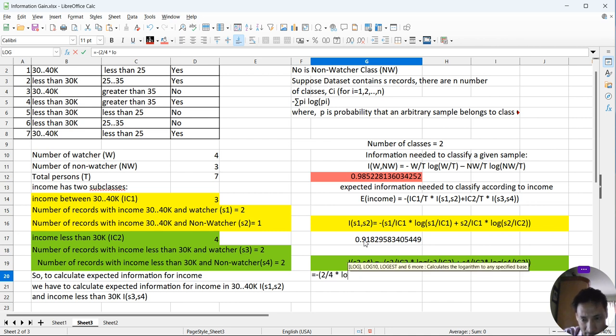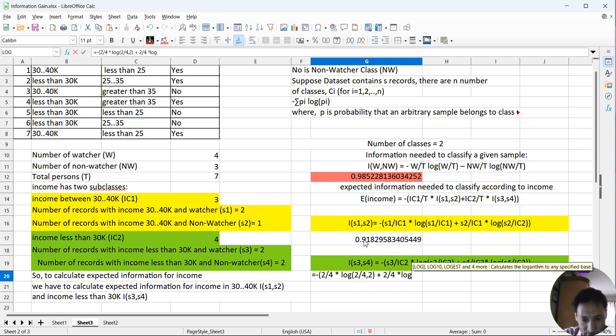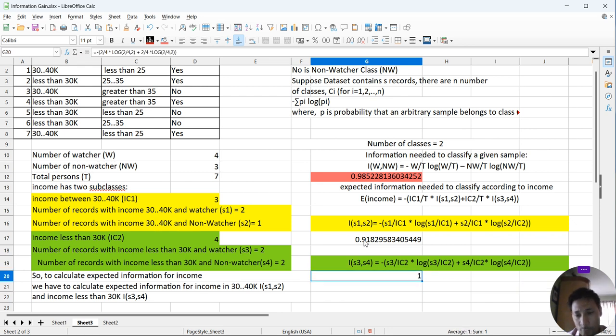Multiply log 2 by 4 comma base 2, add the value for S4, which is 2 divided by 4 multiplied by log 2 by 4 comma 2. Now this is the value. So this is the expected information for the income subcategory, income less than 30,000.